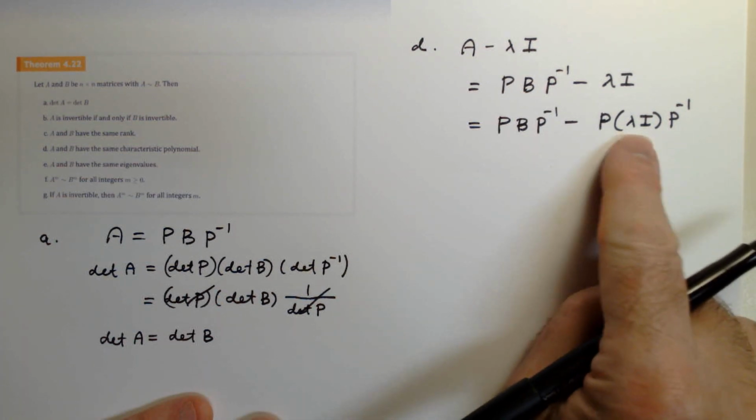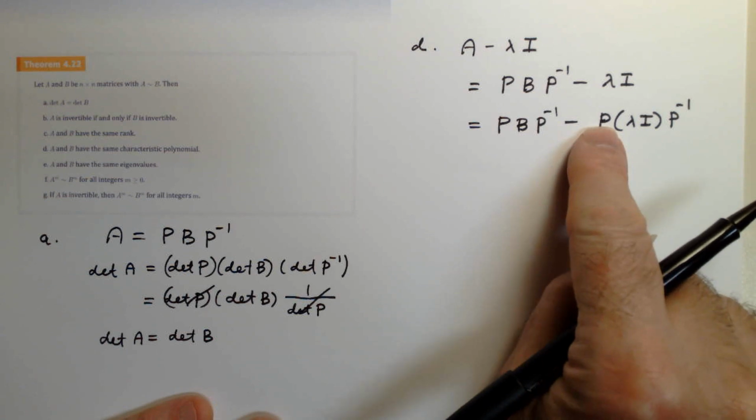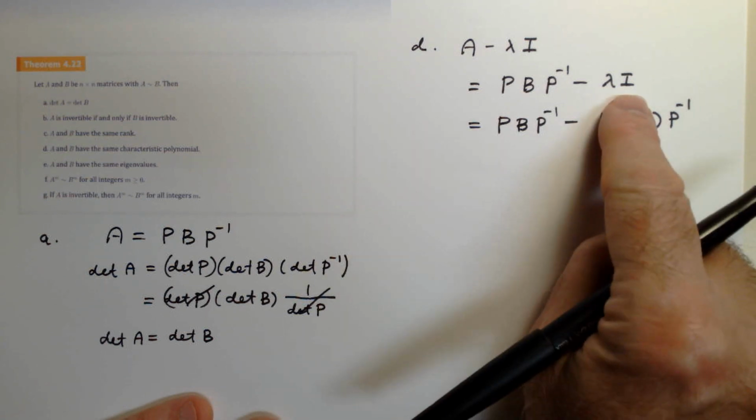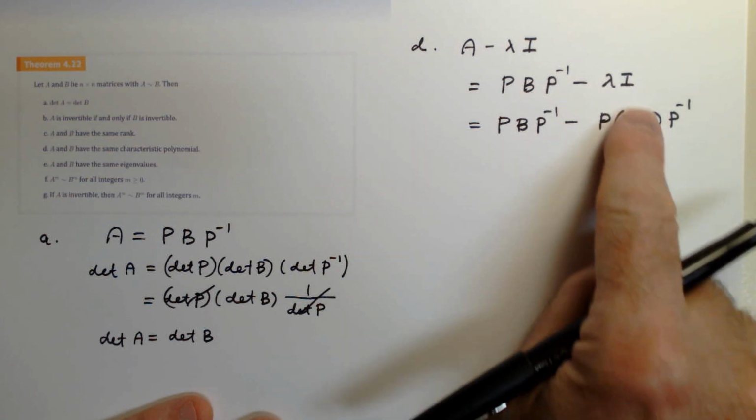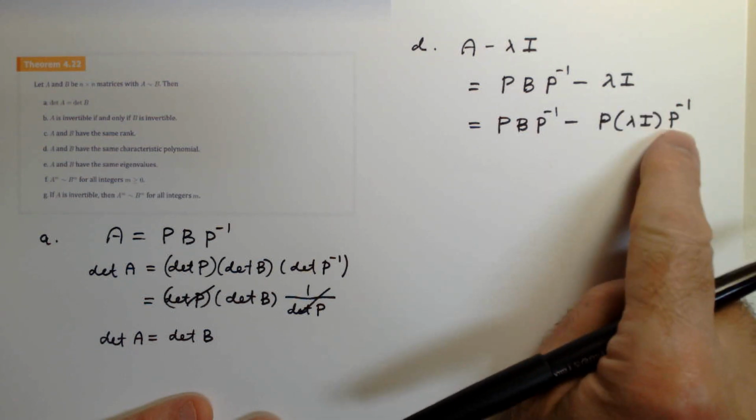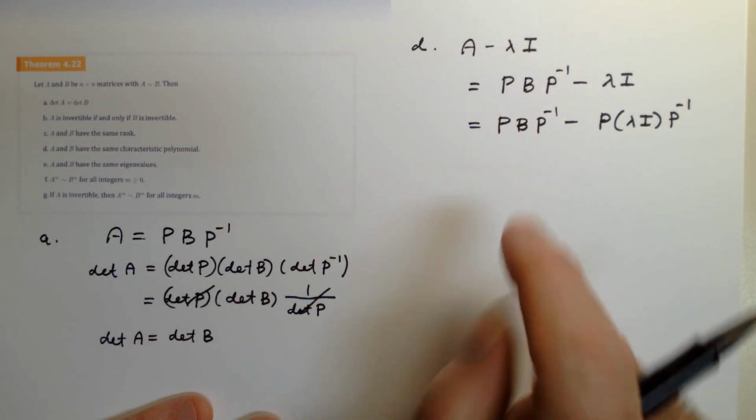Because this is just the same thing as lambda times P inverse, and P times P inverse is just the identity matrix.